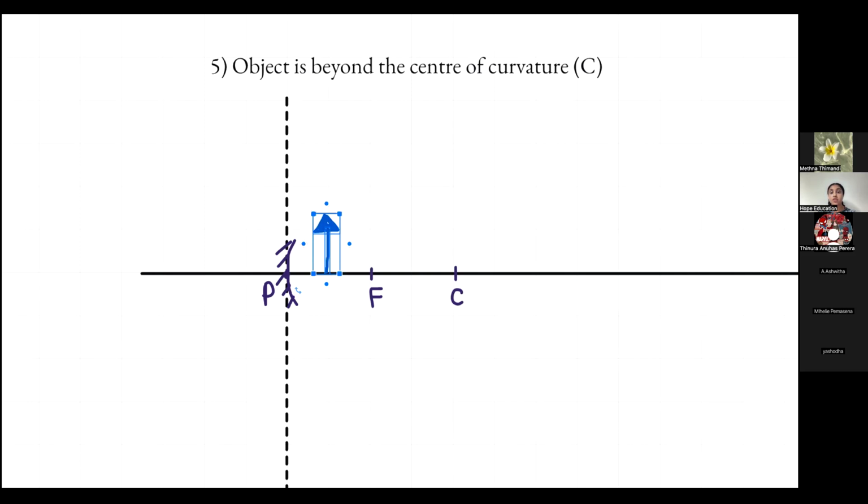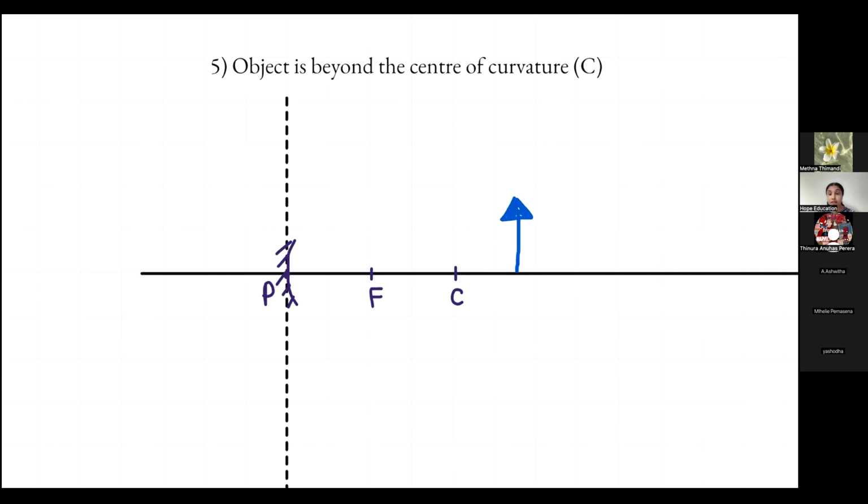Then our object was on the focal point. Then between the focal point and the center of curvature, which was our third ray diagram. Then our fourth ray diagram was the object on the center of curvature. Now our fifth ray diagram is the object beyond the center of curvature, meaning the object has gone even further away.